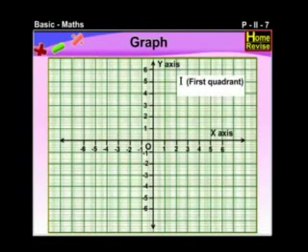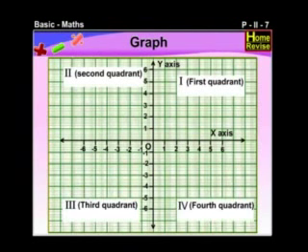There are 4 parts in this graph. The first part is called the first quadrant. This is the second quadrant, third quadrant and the fourth quadrant. The sign of the first quadrant is plus and plus. That means the sign of the x-axis is positive and the sign of the y-axis is also positive. The sign of the second quadrant is minus and plus. That means the sign of the x-axis is minus and the sign of the y-axis is plus.